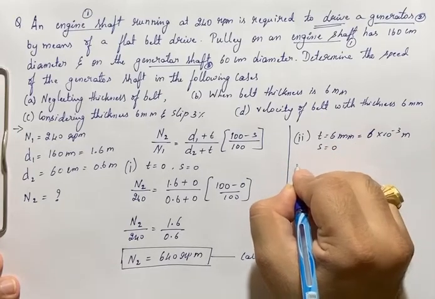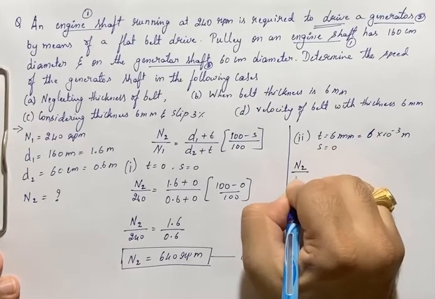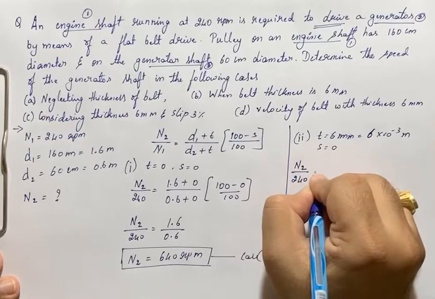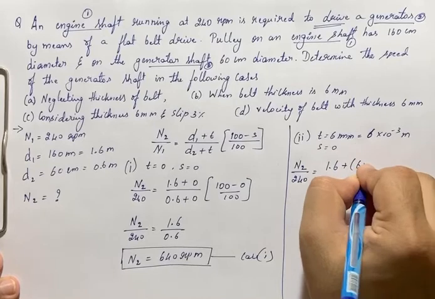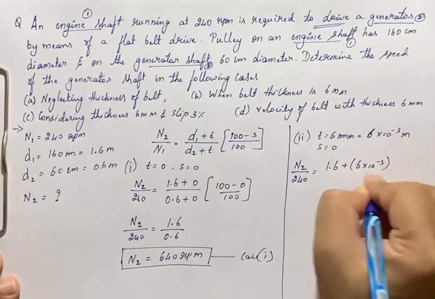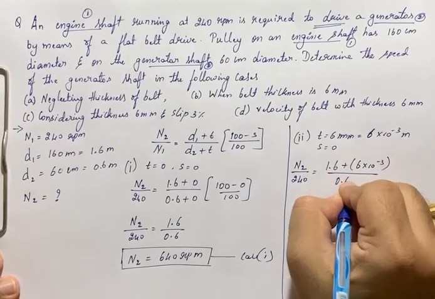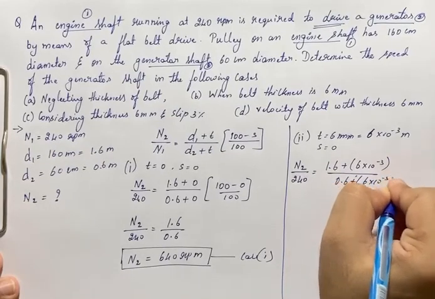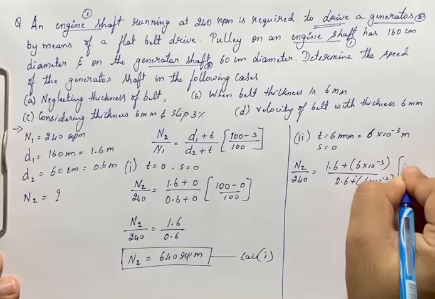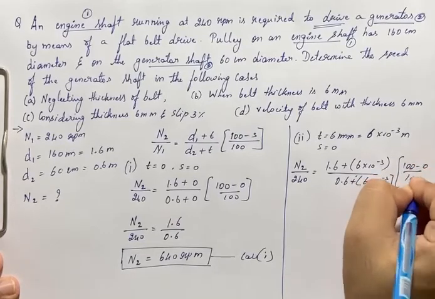Now I can write this formula as N2 divided by 240 is equal to 1.6 plus 6 into 10 raised to minus 3, divided by 0.6 plus 6 into 10 raised to minus 3, into 100 minus 0 divided by 100.